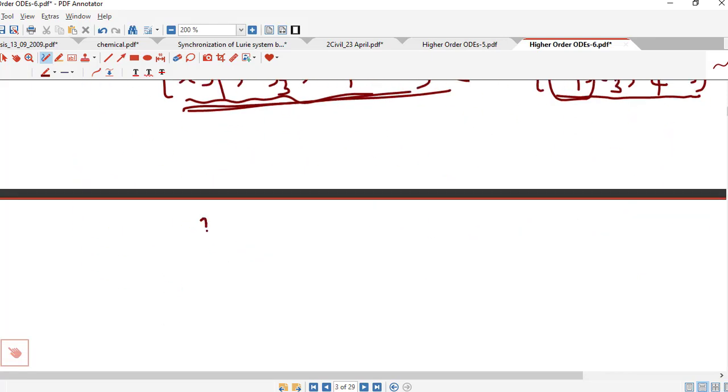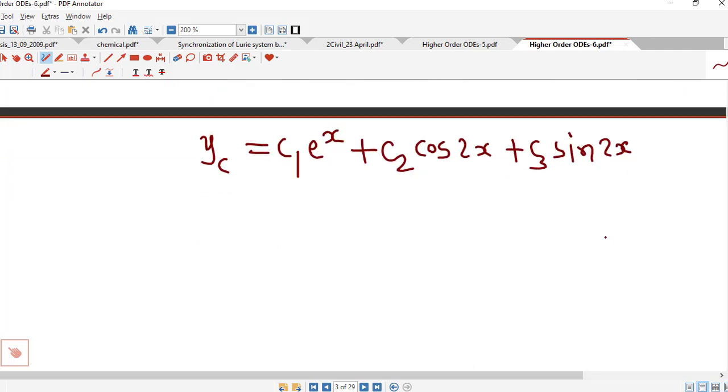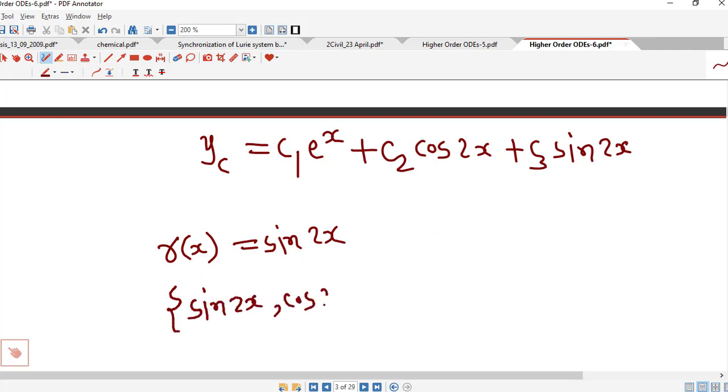For example, suppose the complementary function is c1 e raised to x plus c2 cos 2x plus c3 sin 2x, and suppose the right hand side is say sin 2x, then the family of derivatives of sin 2x is, as we know, sin 2x, cos 2x.